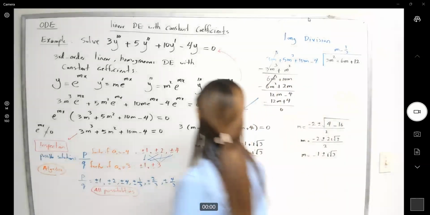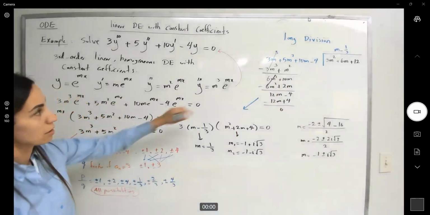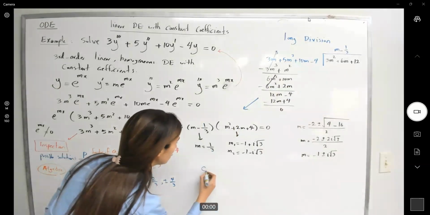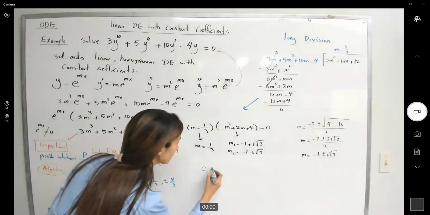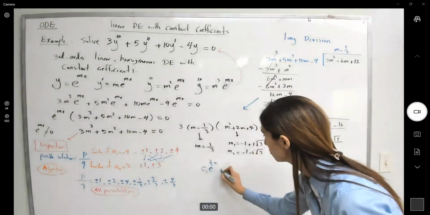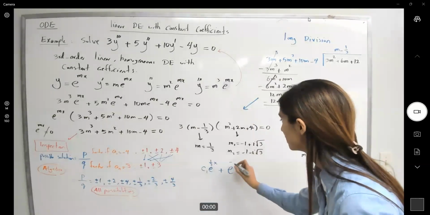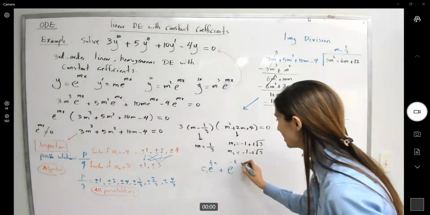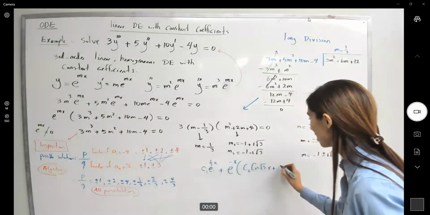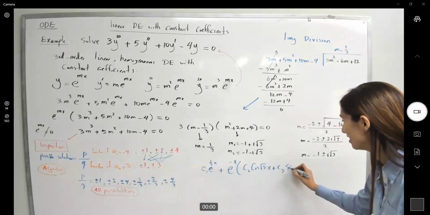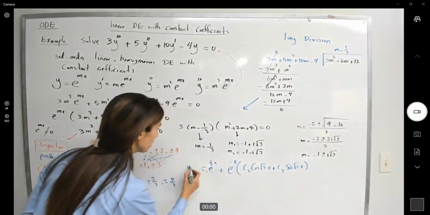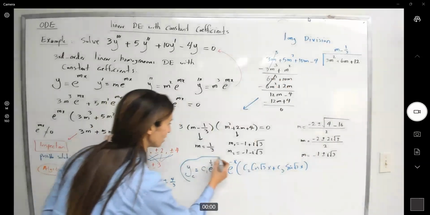So with m equal to a third, the solution e to the mx can be written this way: C1 e to the power a third x, plus e to the power -x times parentheses C2 cosine square root of 3 x plus C3 sine square root of 3 x. So we found the general solution for this differential equation this way.